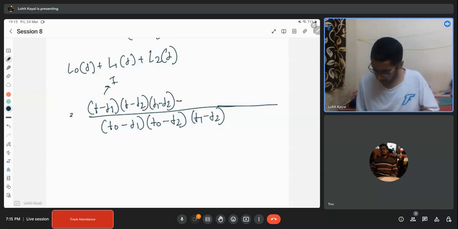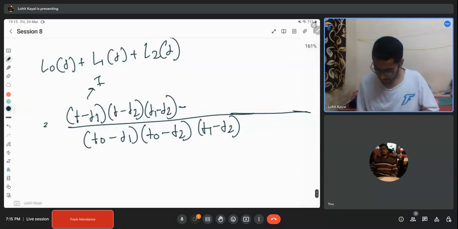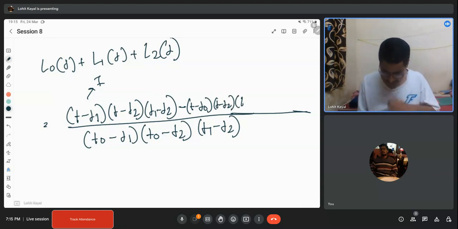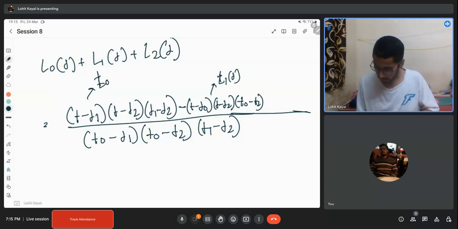From the second term, T minus T0, T minus T2, T0 minus T2, coming from L1 of T, plus some term will come from L2 of T as well. It is T minus T0, T minus T1 multiplied by T0 minus T1.